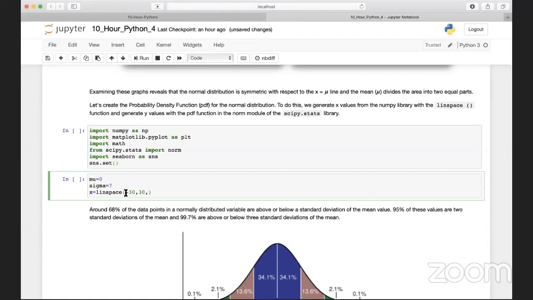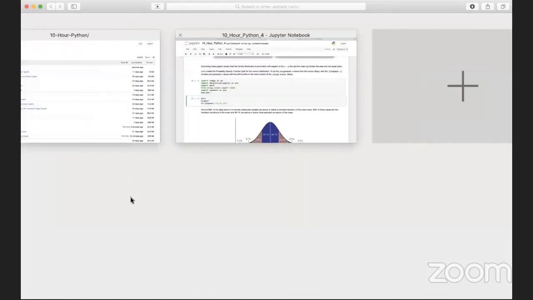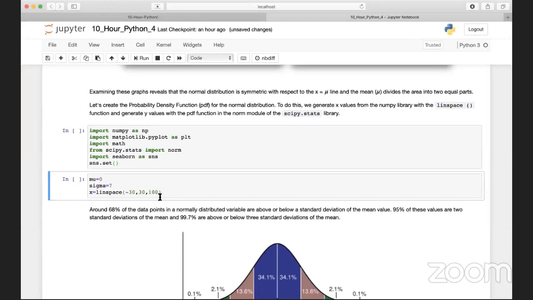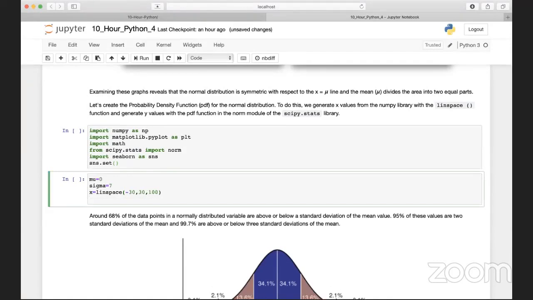In this example it starts from minus 30 and goes to 30, and I would like to have 100 samples. So we will have 100 points between minus 30 and plus 30, okay?